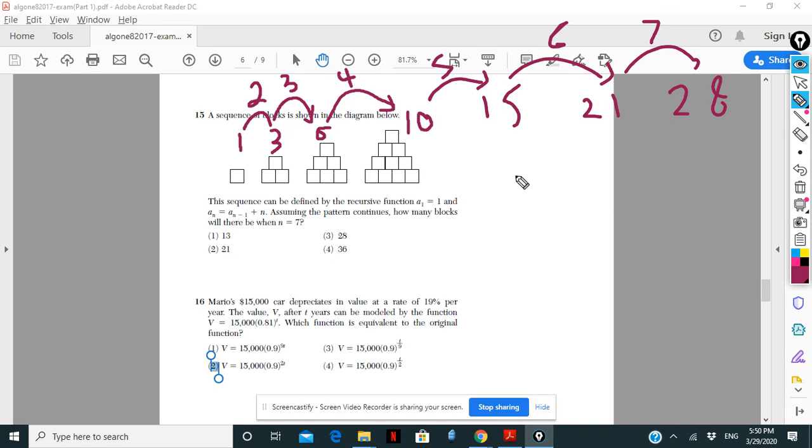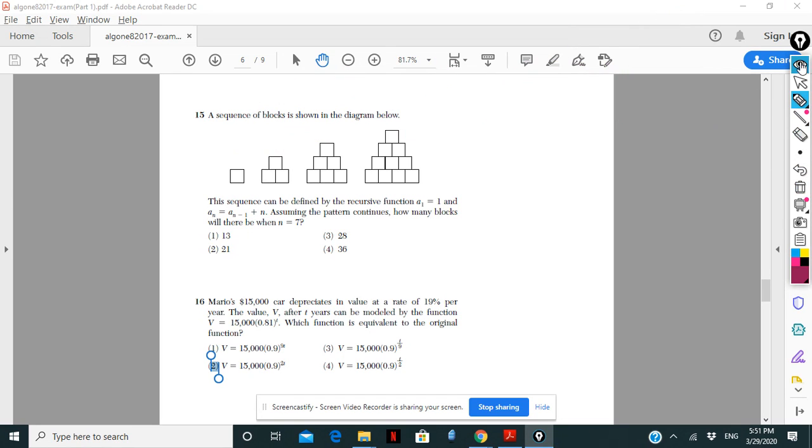So in that case, he said when n is 7, it's giving me 28. What I did, I followed the pattern he said, that the term equals the prior term plus the number of the term. Okay, so that's why it's going to be 28.